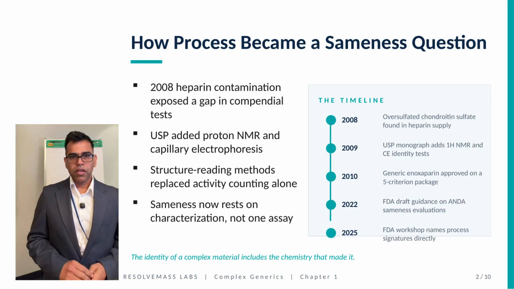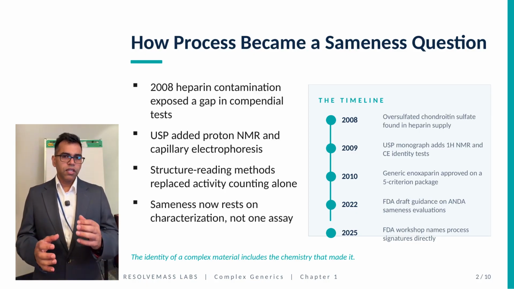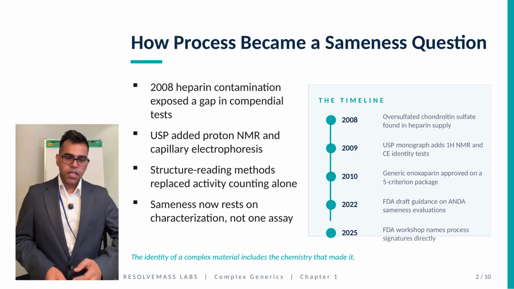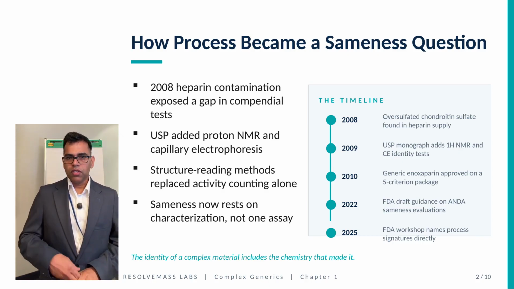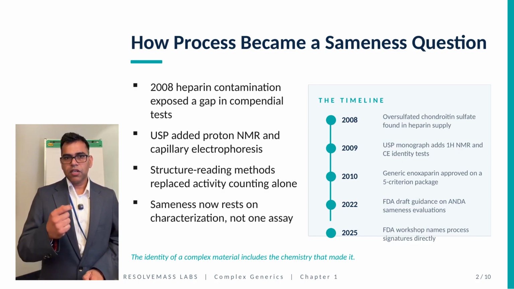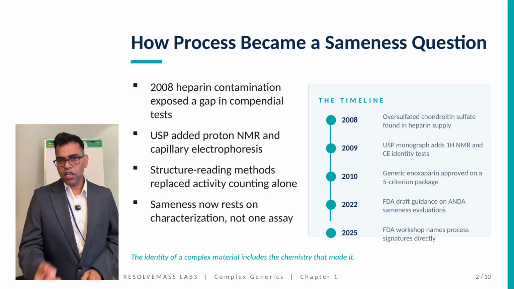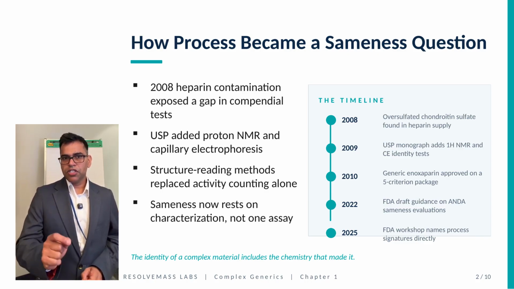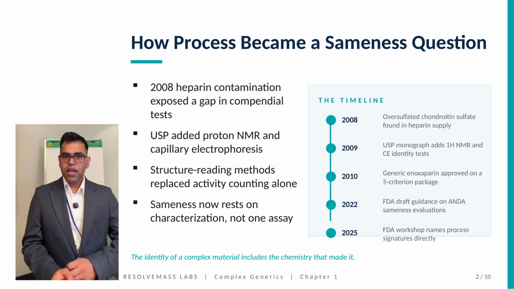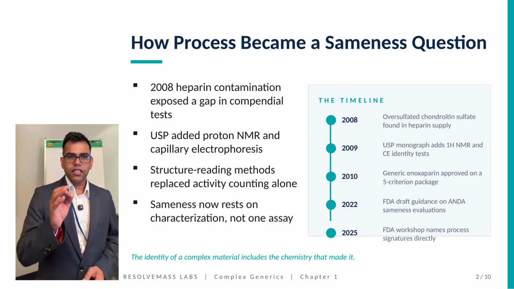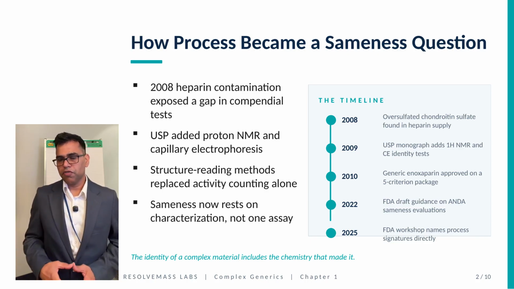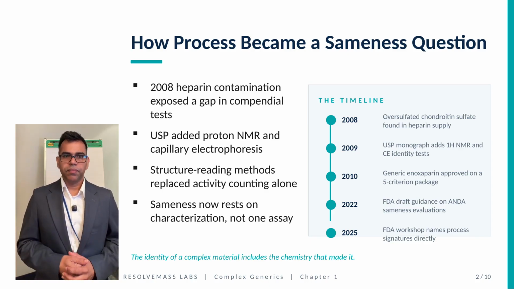Now, let's start with heparin. In 2008, a contaminant called oversulfated chondroitin sulfate reached the supply chain, and compendial tests in use at the time did not separate it from heparin.